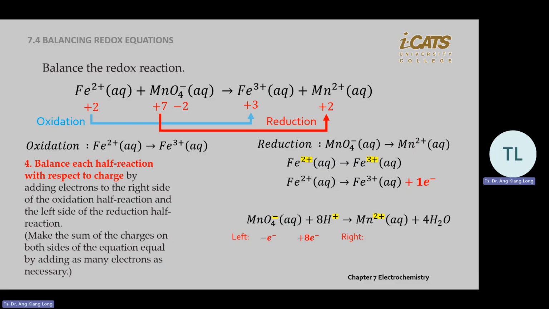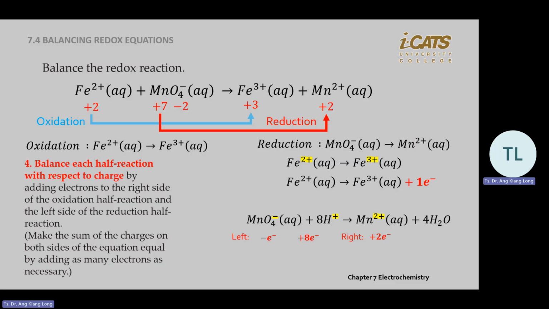Positive or negative? Plus or minus? It should be plus 2 electrons to neutralize the 2 positive. So you write plus 2e. Then this one is neutral already, no electron, so no need.